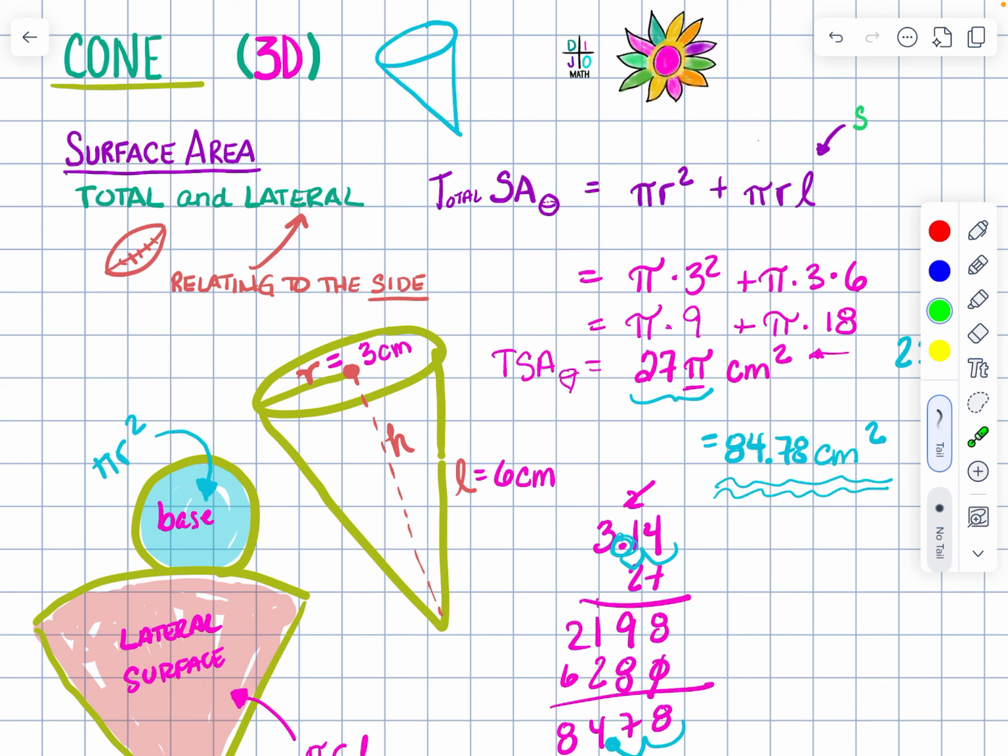So you'll just have to add another step into here where you're figuring out r squared plus h squared, whatever that is, and that's going to equal your lateral slant height squared. And then you'll just have to solve for this. Okay, and that'll actually be something good you can do. You can figure out what the height is here based on this being 6 centimeters and this being 3 centimeters.